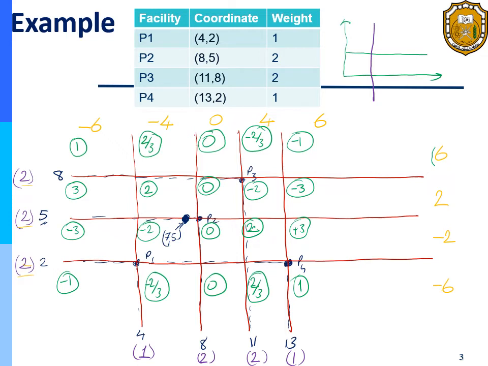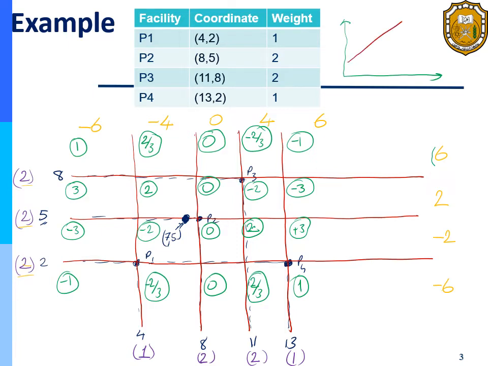So you can continue up or down the grid. Let me start by going up. So I am in this grid now, and I know that in this grid the slope is 2. And again, remember, when the slope is positive, it will be a line like this.